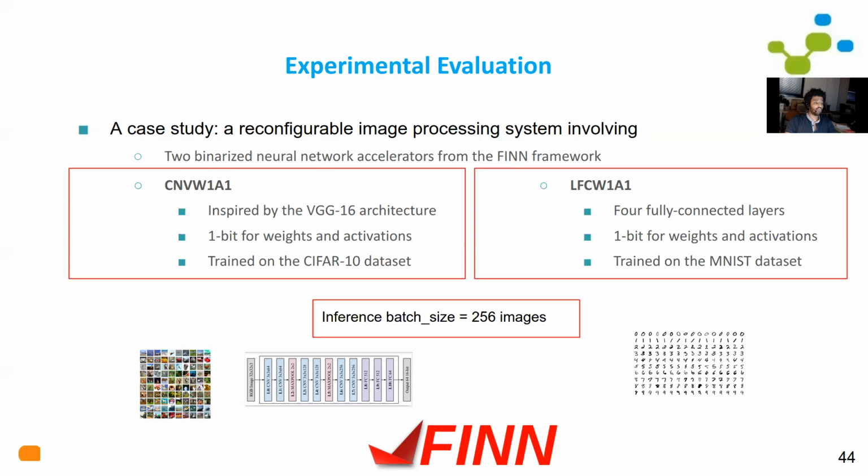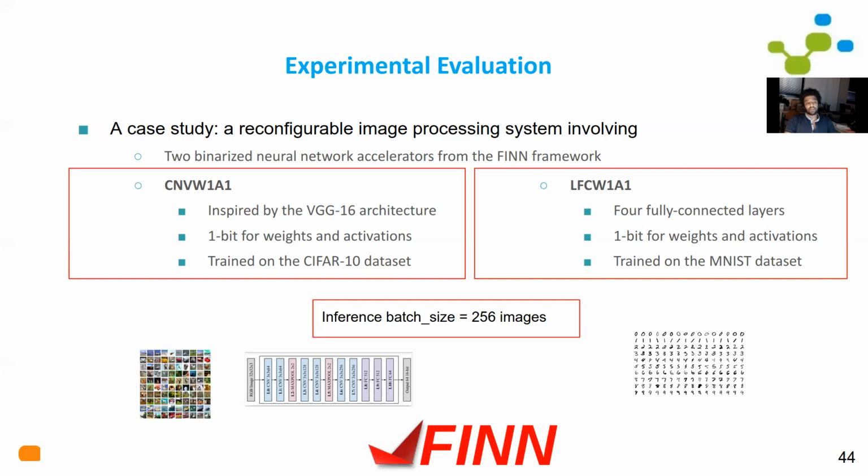The first one is a convolutional binarized neural network accelerator inspired by VGG16. It was running on the CIFAR-10 dataset, and it also used 1 bit for the weights and the activation.